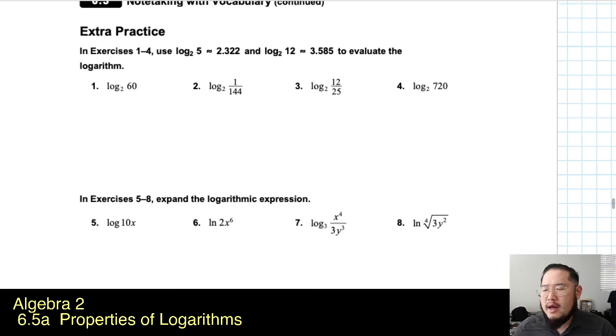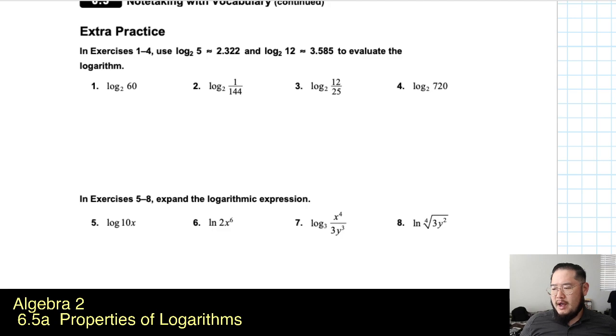So with that, that'll help us evaluate these logarithms. Now, they give us right here log base 2 of 5 is approximately 2.322, and log base 2 of 12 is approximately 3.585.